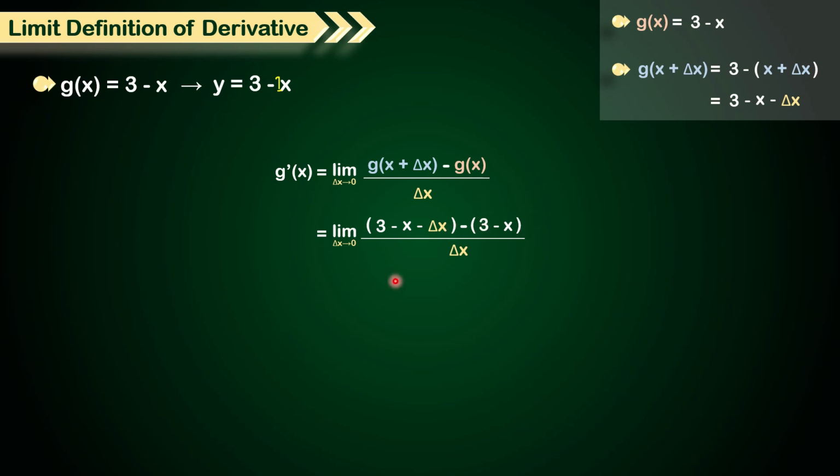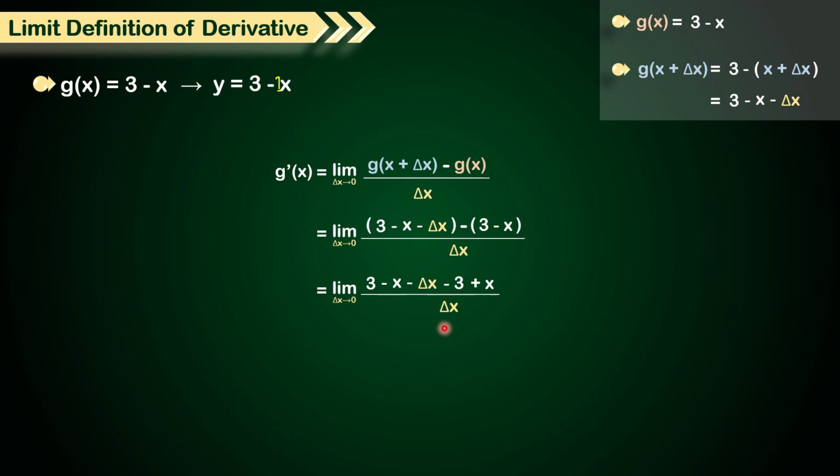We have limit of 3 minus x minus delta x. Then distribute the negative sign to each term of 3 minus x, which is negative 3 and plus x, all over delta x as delta x approaches 0.